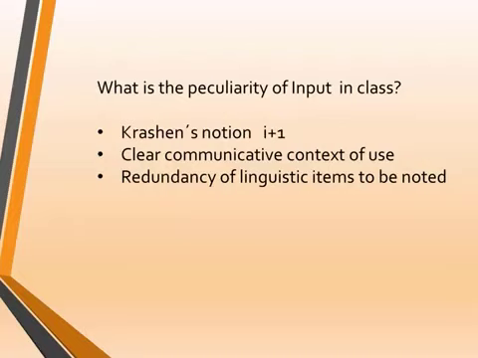Also, there should be a clear communicative context of use when input is provided. As students listen or read, they should be able to understand the communicative value of what is being said through a well-developed contextual frame. Finally, input should contain a redundancy of linguistic items to be noted for active use.